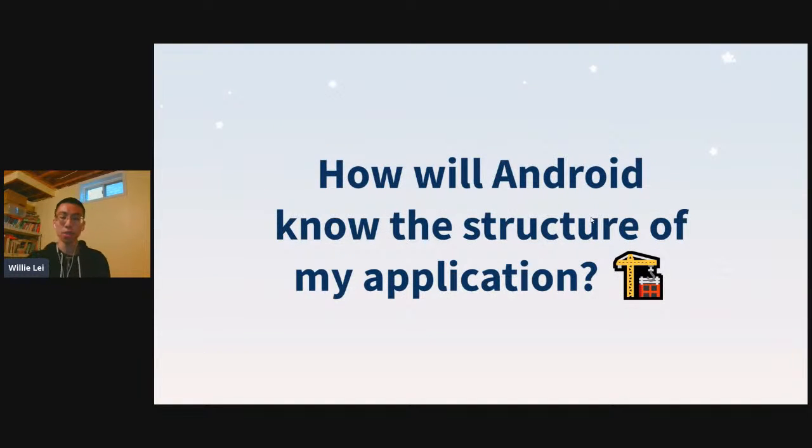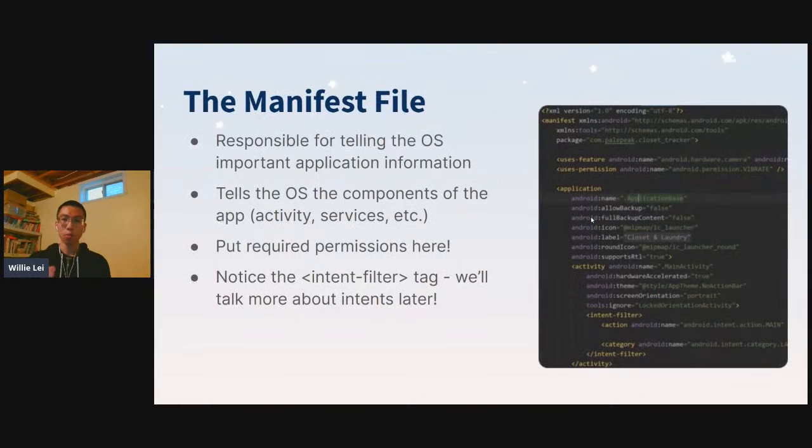So how will Android know the structure of my application? Well, first of all, a very important file is the manifest file. So this is responsible for telling Android very critical information about what the application actually does and what it actually needs. So for example, if you need specific permissions or features that are on the Android device, such as the camera or accessing contacts, well, you put it in here.